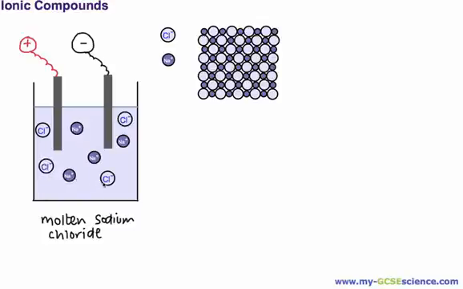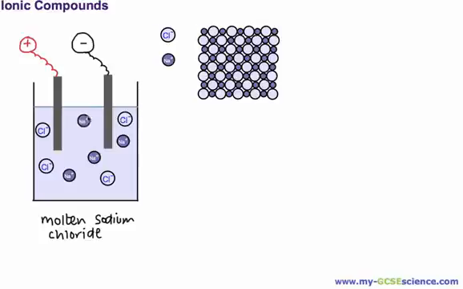And what that actually means, because these ions have a charge, the sodium ions have a positive charge and the chloride ions have a negative charge, if we were to put two what we call electrodes into the liquid, we have one connected to the minus side of the power pack, and this one on the positive side or the plus side of the power pack. What happens is these ions can move towards the electrodes.